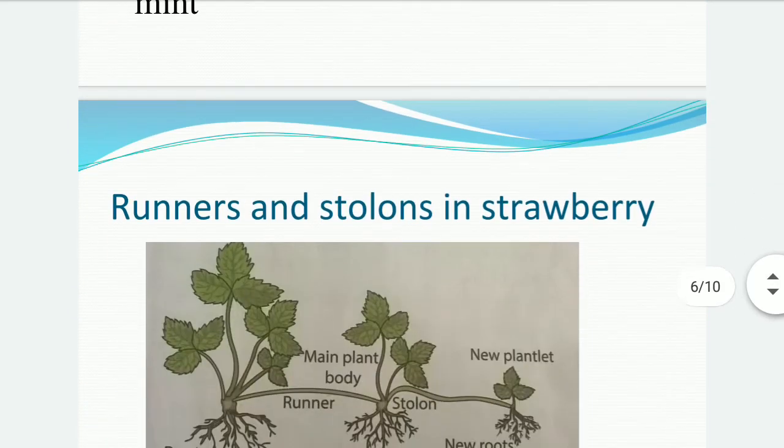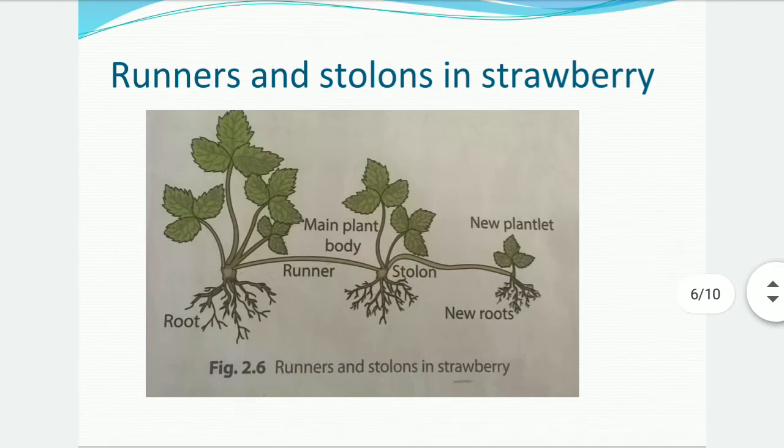Now in this picture you can see runners and stolons. These are the stems which are growing parallel to the ground, and then at the node roots and new branches arise, and then these get detached and grow independently as new plants.